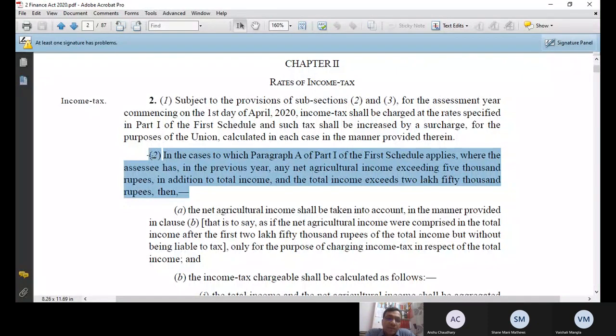If I am reading Finance Act 20, Finance Act 20 means Feb 2020, which comes in the financial year 1920. Always my part 1 of the first schedule gives me the tax rate of the previous year 1920 if it is Finance Act 20. And my part 3 of the first schedule gives me the tax rate of the coming year, 2021. So what does section 2 subsection 2 talk about?